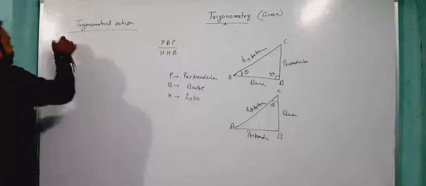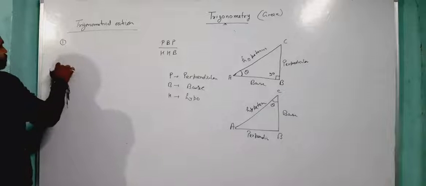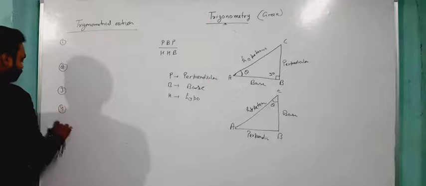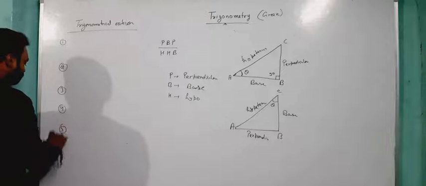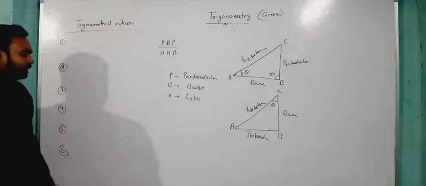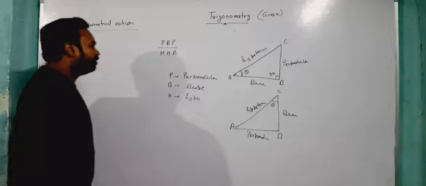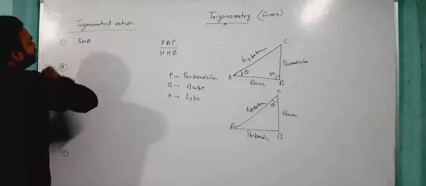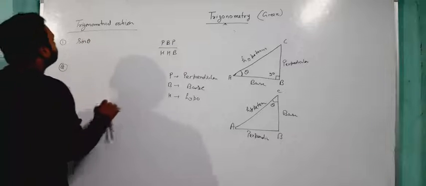Now there are 6 trigonometrical ratios. First is sine, which is discovered by Archimedes.